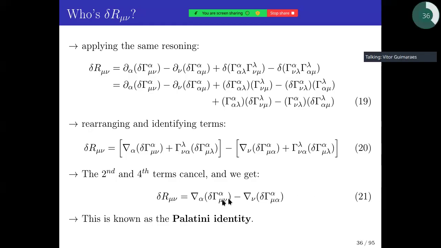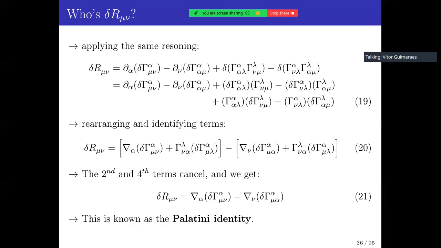But let's go. So this is what we call the Palatini identity, okay? You see that this is not necessarily related to perturbation, right? We are identifying this variation as due to the perturbation, right? But as you work with the Lagrangian formulation of general relativity, you're going to find yourself in the middle of computations like this when you want to understand better what it means to take the variation of the Ricci tensor or the Christoffel symbols and so on.